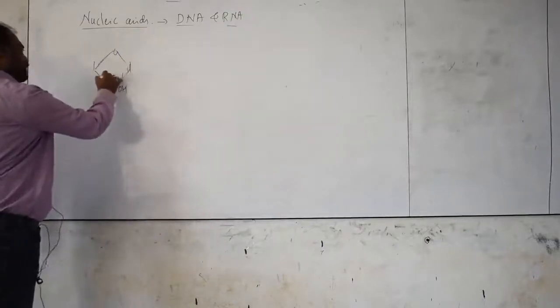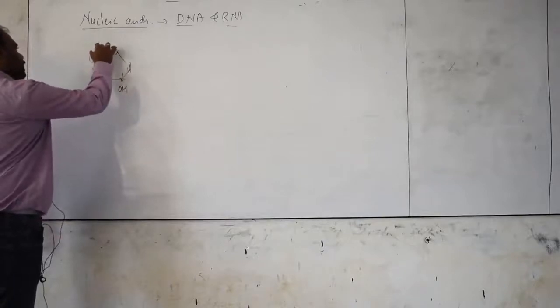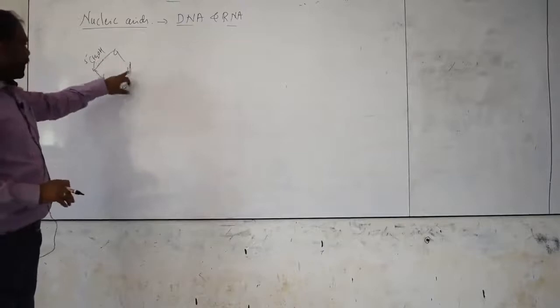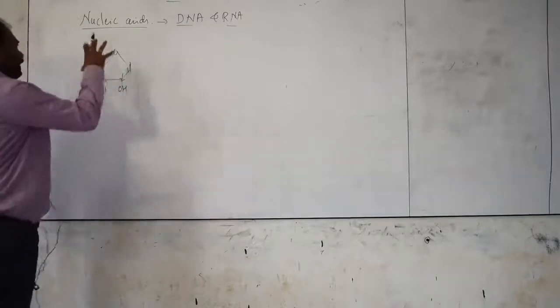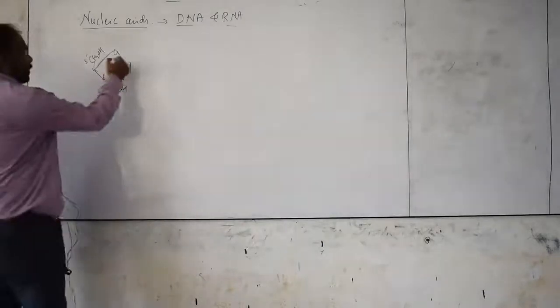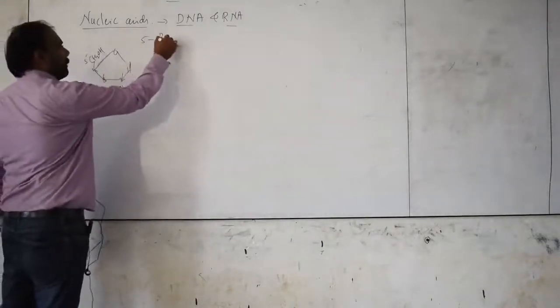At first, second, third and 4, CH2OH, that is fifth. So when we write the carbon number, that is 1, 2, 3, 4, 5, here in this structure there are 5 carbon atoms. Hence it is called pentose.